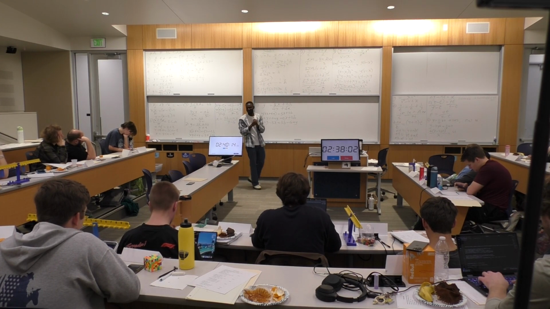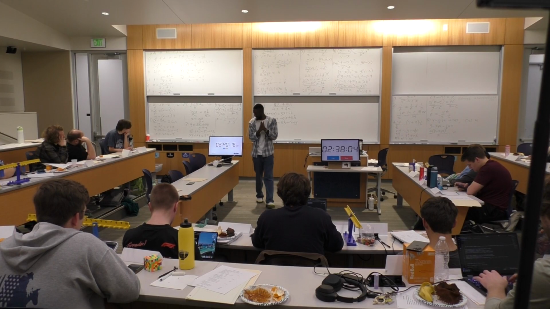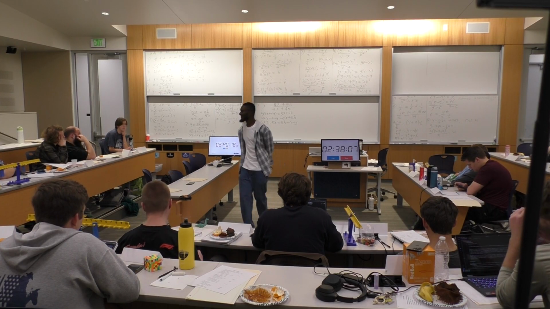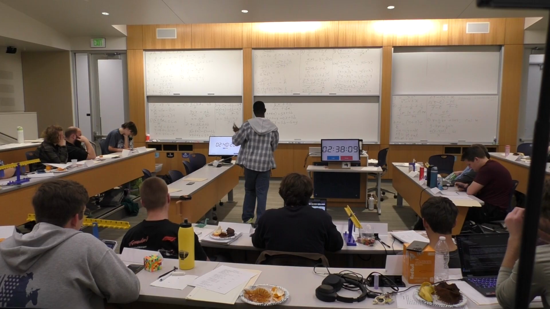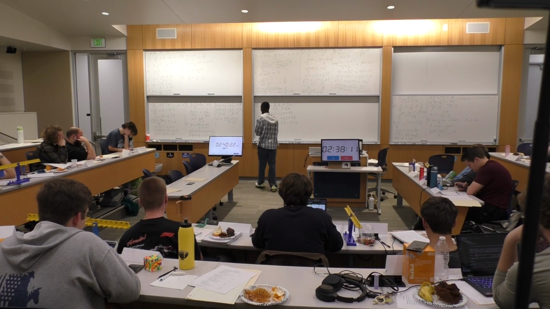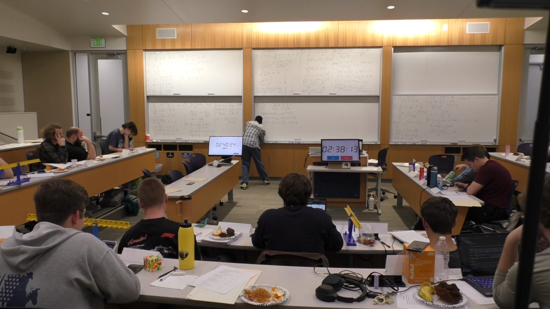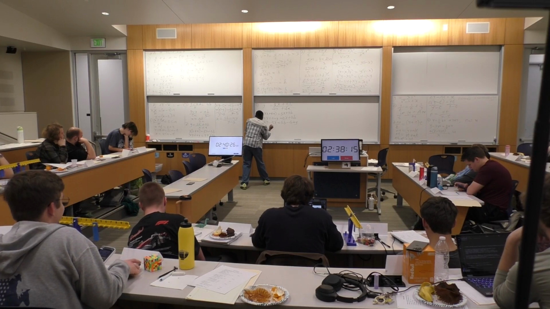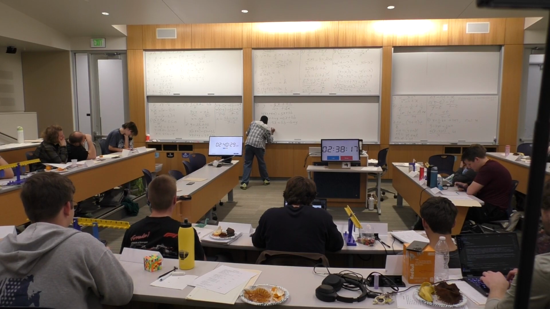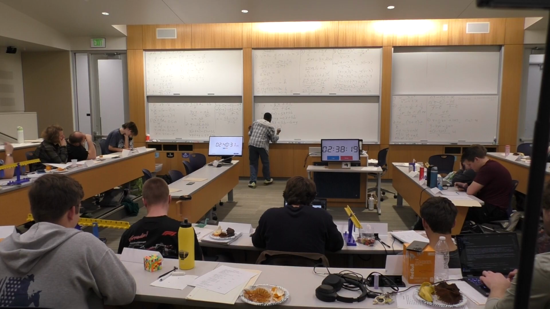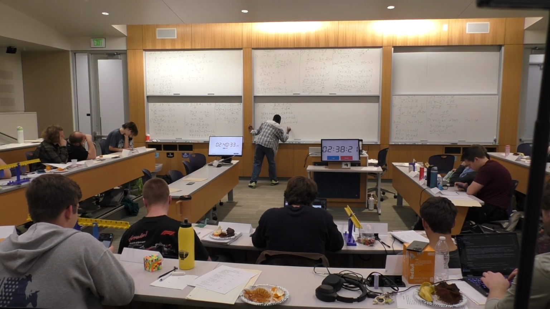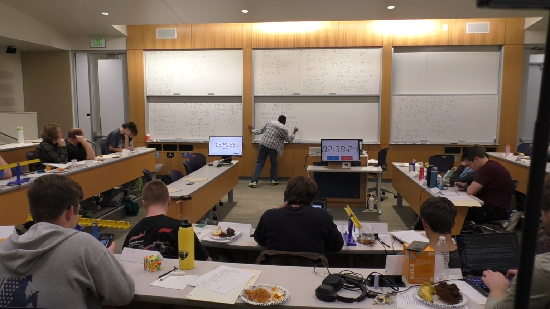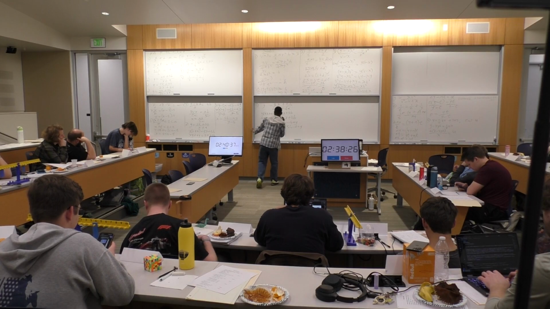What next? Factor out the x's. Thank you. You have x here, you have x here. You factor it out. 4y minus 5x equal to 5b minus 4ay.